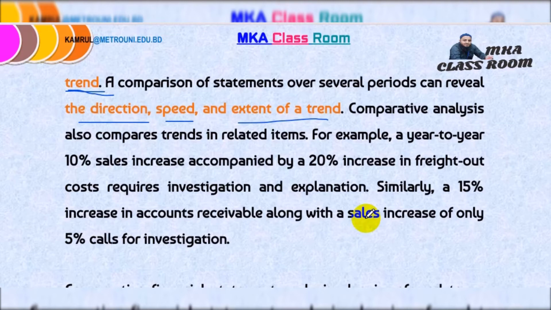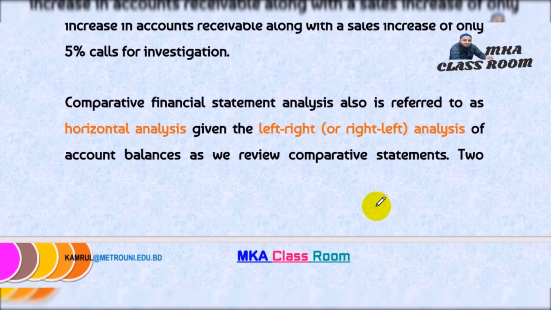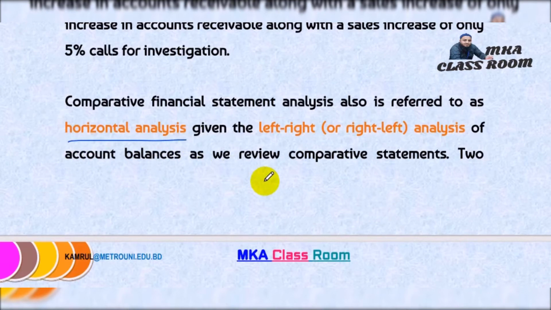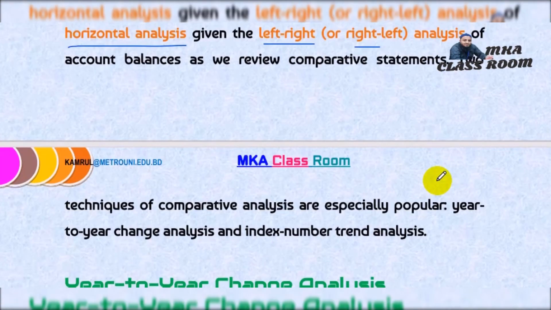Similarly, a 15% increase in accounts receivable along with a sales increase of only 5% calls for investigation. Comparative financial statement analysis is also referred to as horizontal analysis, given the left to right or right to left analysis of account balances as we review comparative statements.